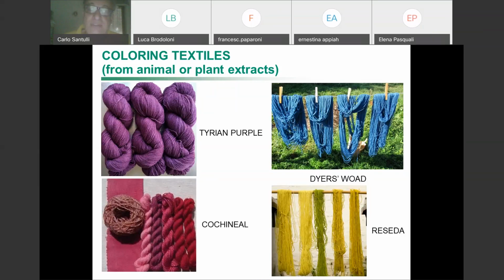It is important, I'm showing the reseda here because you may see one thing which is very important: textiles tend to have different colors, slightly different or heavily different, depending on the type of textile, the type of coloring, the type of plant, and on the pH.